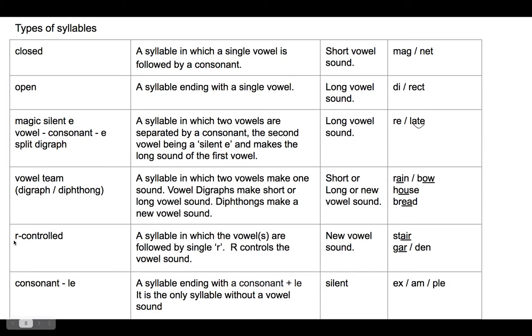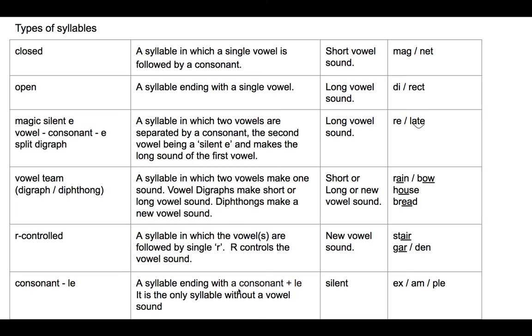Next we have the R controlled syllables, and this is a syllable in which the vowels are followed by a single R, and R controls the vowel sound, therefore making a new vowel sound. For example, air, stare, garden. And the last one is the consonant plus LE syllable.